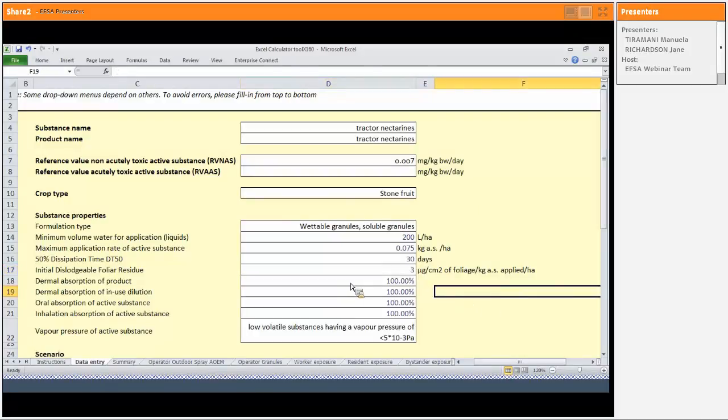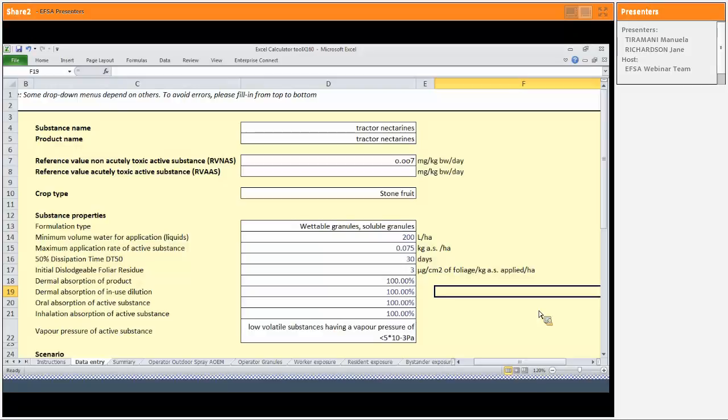And if I may add on this, Jane, with regard to the 30 days, I think some people might say, look, it's very, very high. Indeed, this value is the default in case no experimental data is available.